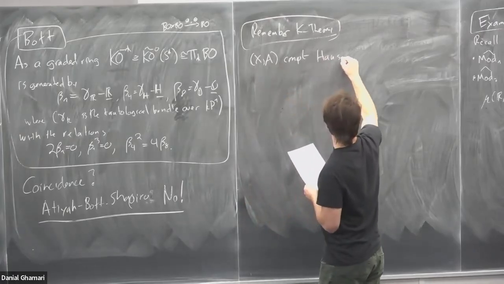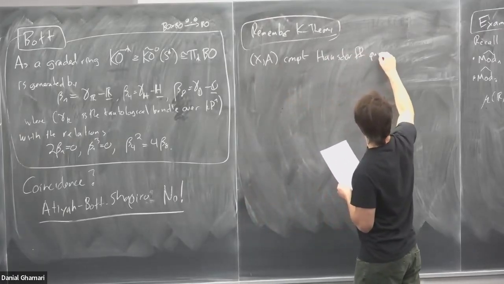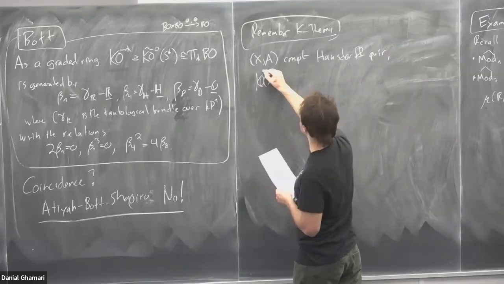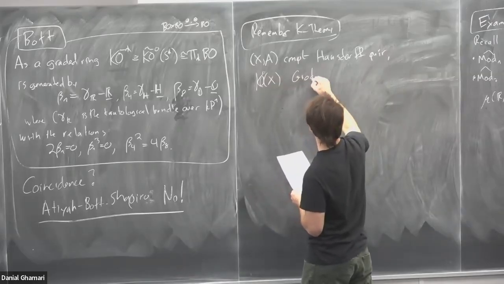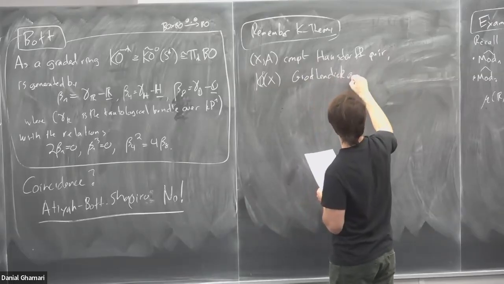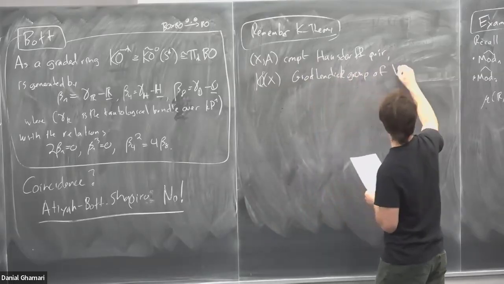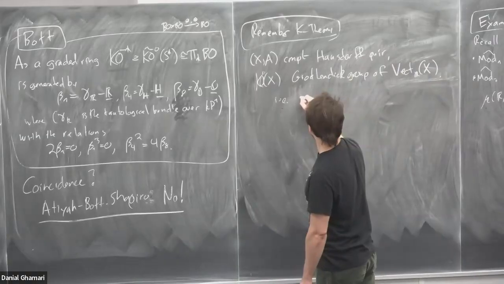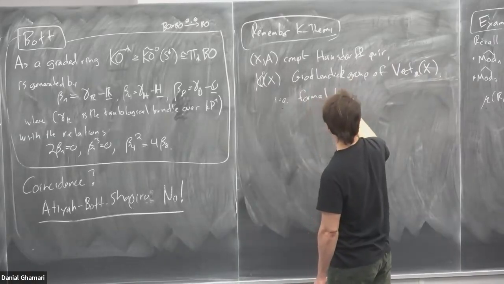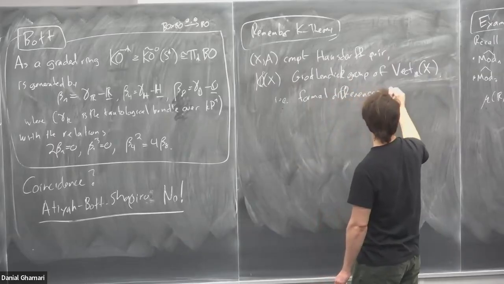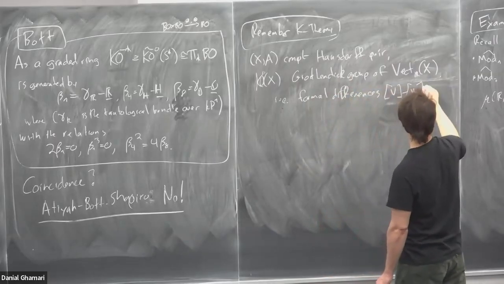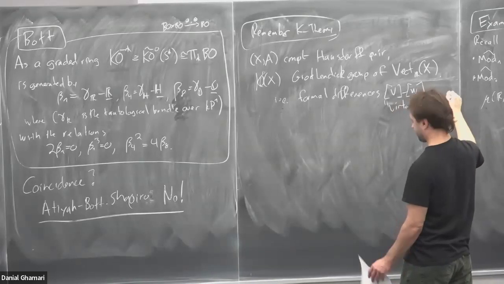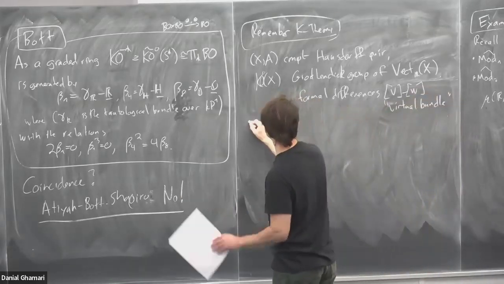Then KO of X is the Grothendieck group of real vector bundles, so I need formal differences V minus W, also called virtual bundles.